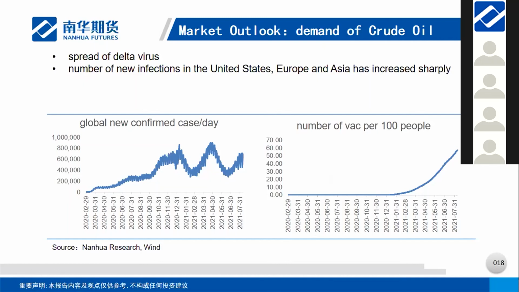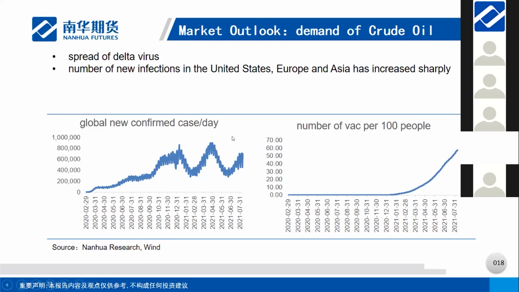The reduction of crude oil demand in Asia, especially influenced by the outbreak of the Delta virus, is about 1 million barrels per day. As the spread of the Delta virus is still continuing, it is very difficult to restore demand to the expected level of major institutions for this year.